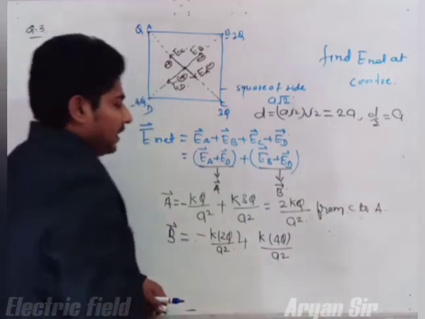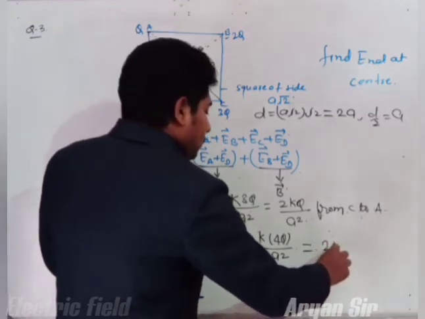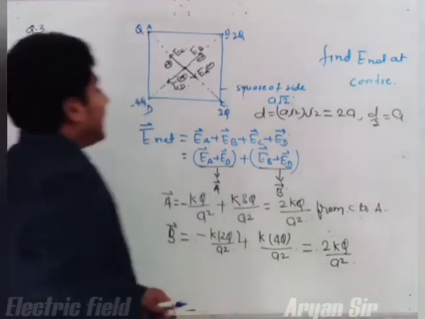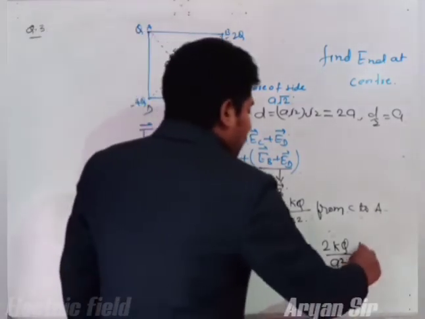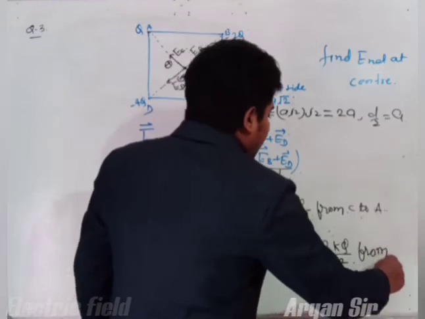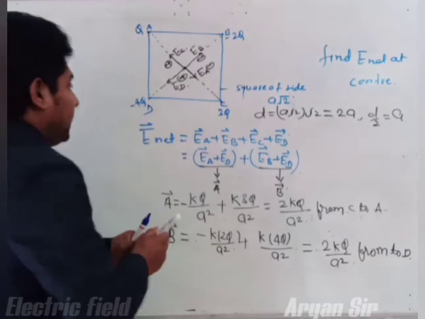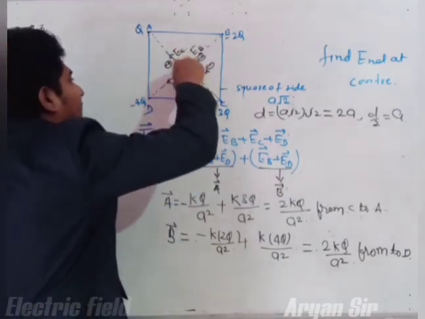So it can be written as 2kq by a square. What will be the direction of B vector? It is directed from B to D.